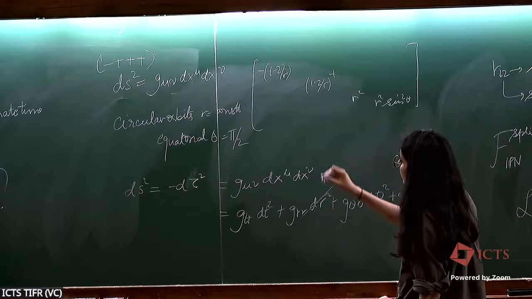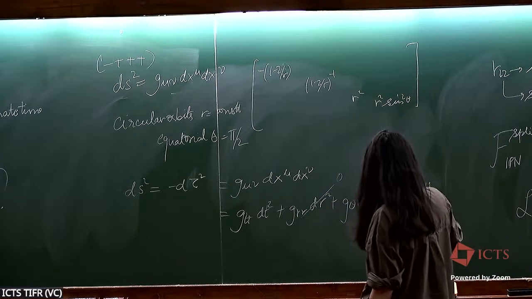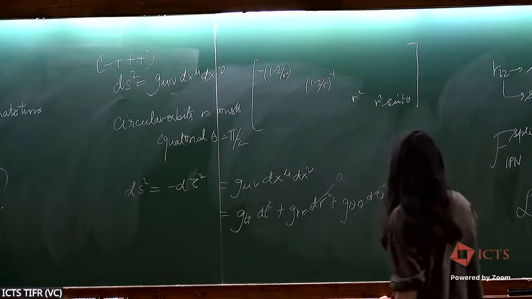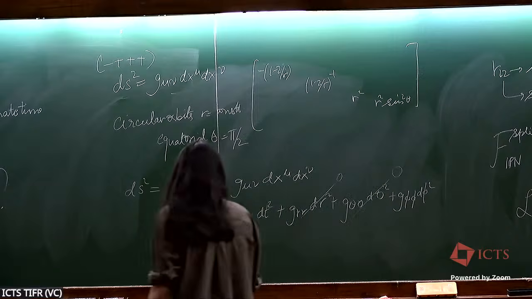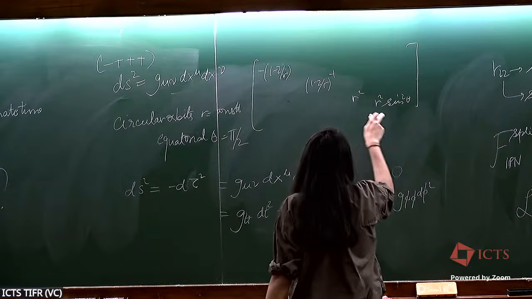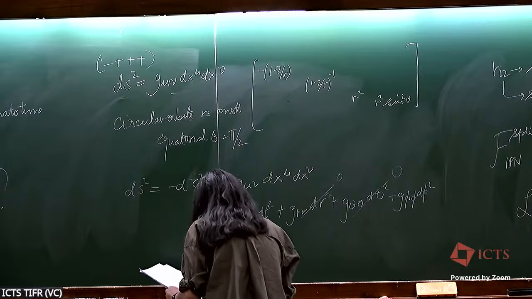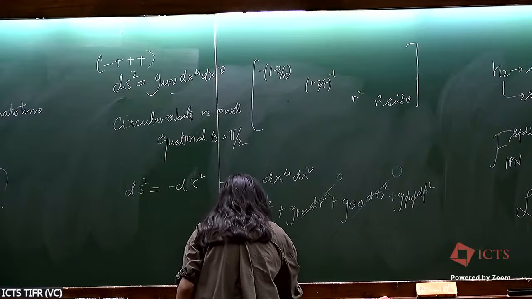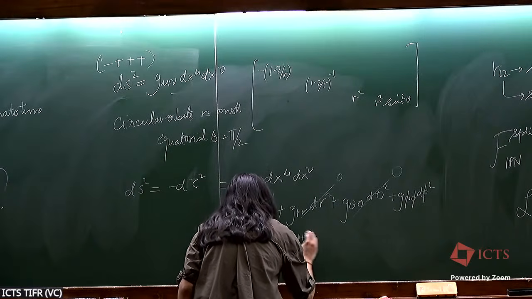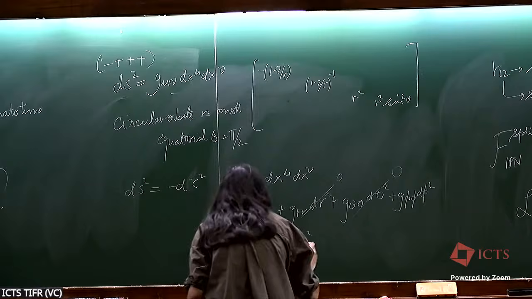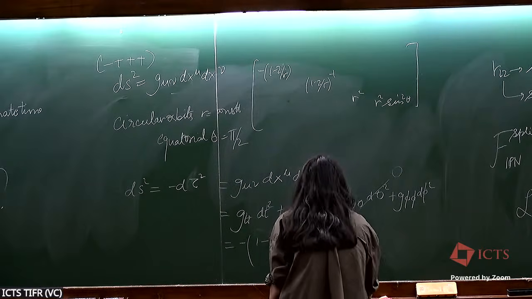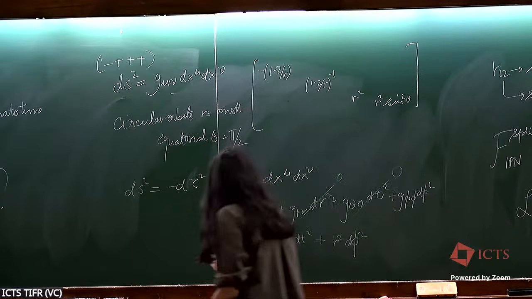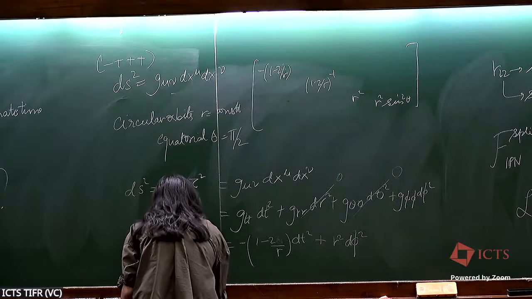We also consider equatorial orbits, theta was pi by 2, so that term disappears. And what we have is only the time component and the phi component. If we insert in the equations here, we get that minus d tau square is this.